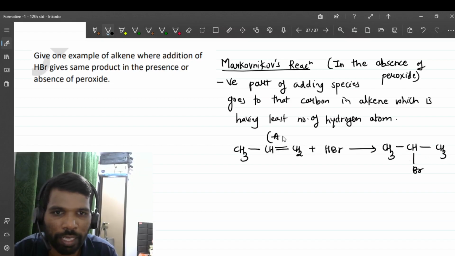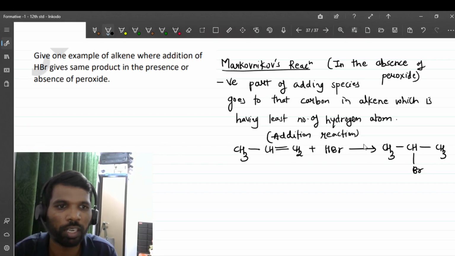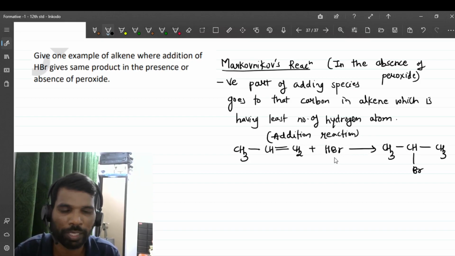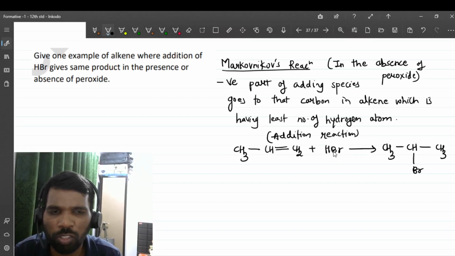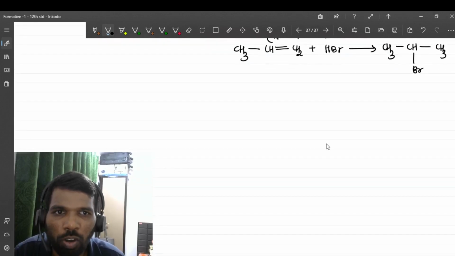This is actually an example of an addition reaction. The double bond is changing to a single bond. This is in the absence of peroxide.